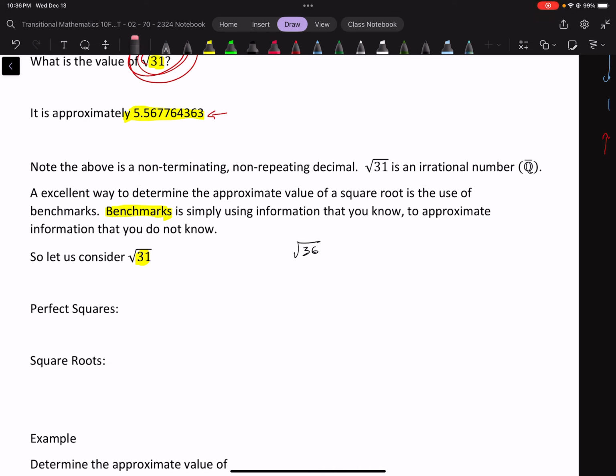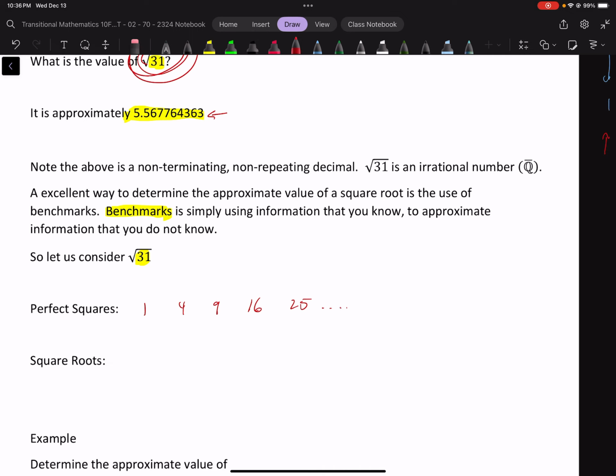What makes this difficult is that the number underneath the radical, underneath the square root, is not a perfect square. So perfect squares tend to be 1, 4, 2 times 2, 3 times 3 is 9, 4 times 4 is 16, 5 times 5, 25, and so on. Exactly what you wrote before.